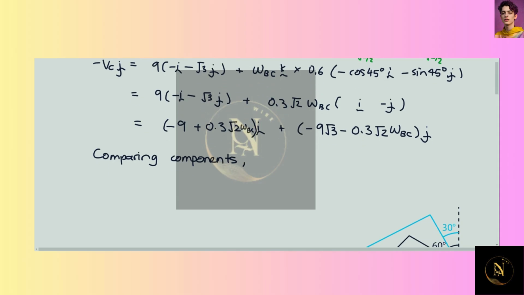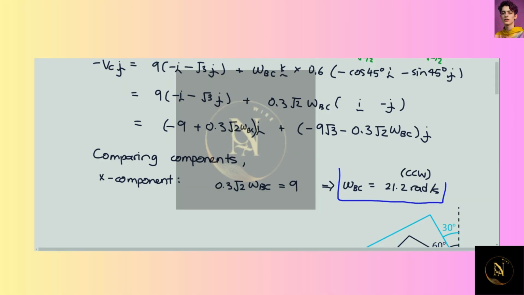For the x component, we have 0.3 root 2 omega BC equals 9. This gives omega BC equals 21.2 radians per second, and this is counterclockwise.